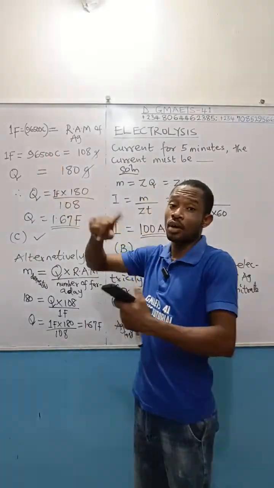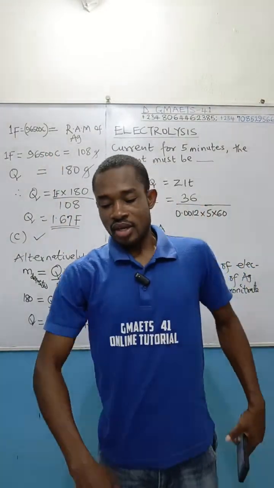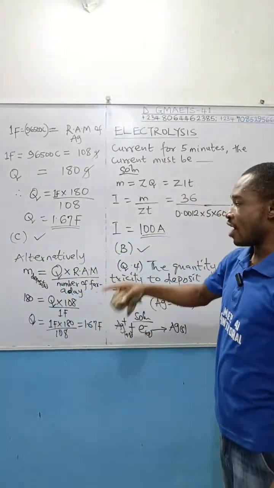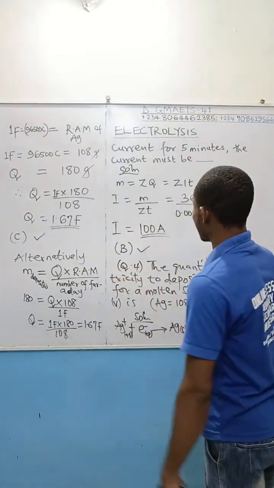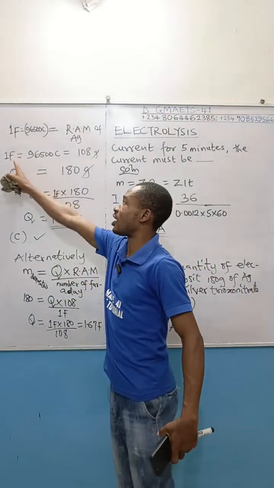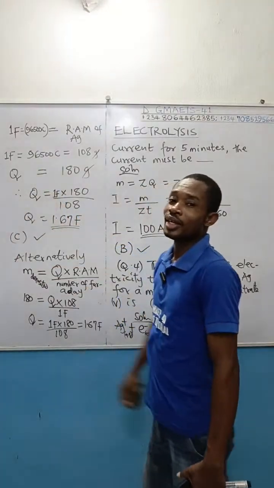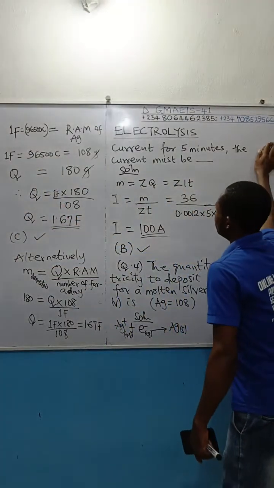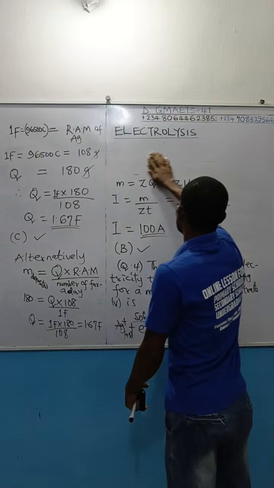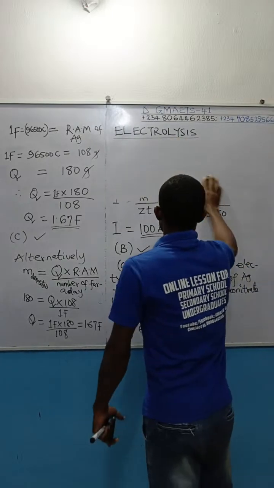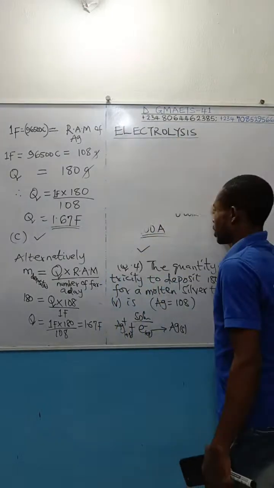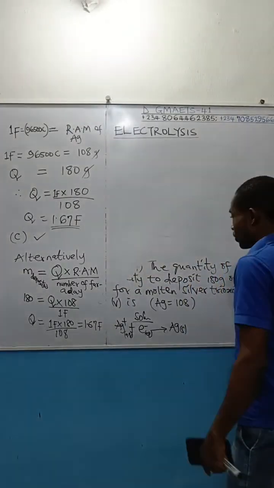They didn't use the Coulomb value. Are you getting me right? That's why each of the options had F attached to it, like I said. So you solve using this Faraday instead of converting to the unit of Coulomb, the unit of quantity of electricity. So you don't need it because of the options provided.